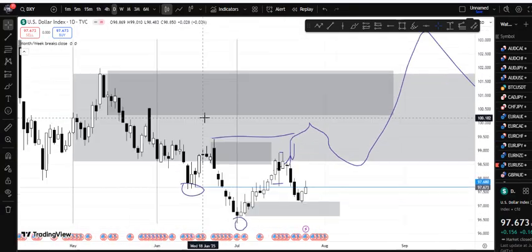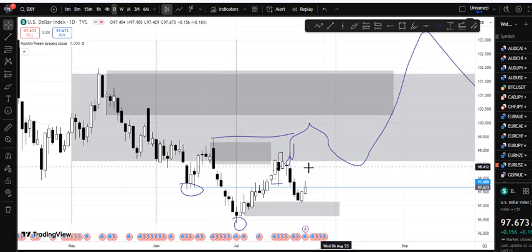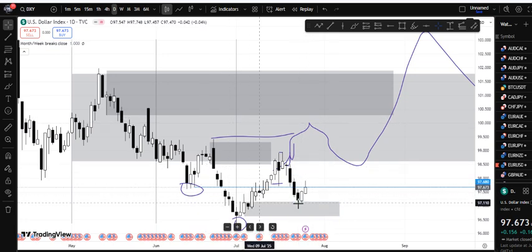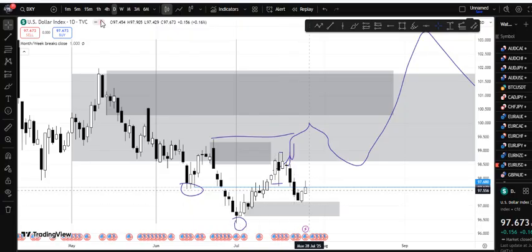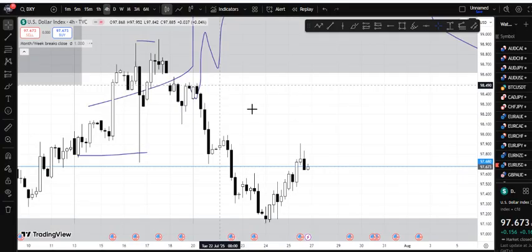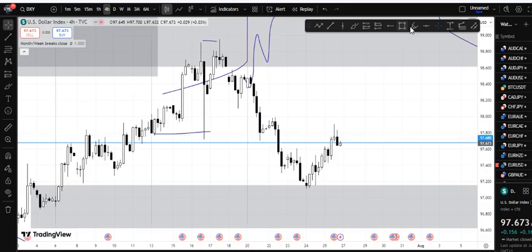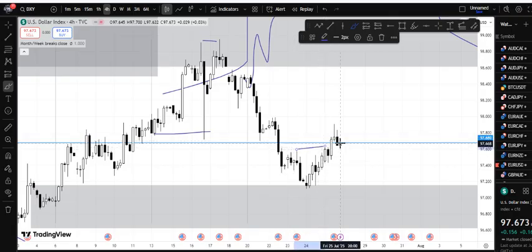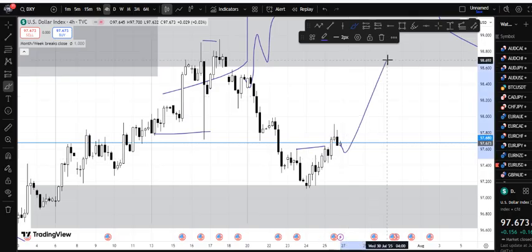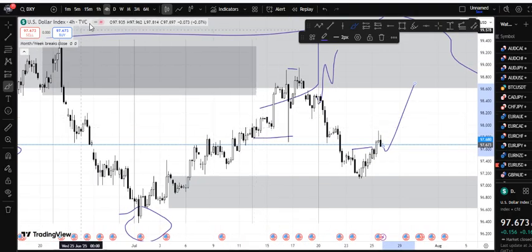Of course, this was the analysis I had for last week, but then we had this push to the downside to this demand, and after this we have a break of structure on this time frame. All right, so this was a little break of structure, so I'm expecting a pull back into the demand and push to the upside.